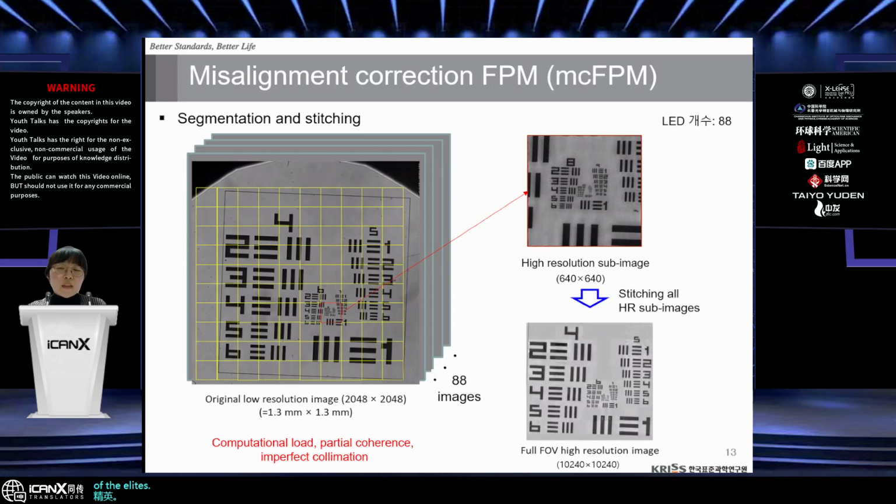For these reasons, we perform image segmentation based on considerations such as the LED spectral bandwidth, the size of the LED chip, and the distance from the LED to the sample. Additionally, segmentation helps prevent errors in image recovery, even when the LED's illumination is not perfectly collimated. Therefore, we typically divide the sample into n by n sub-images, recover each sub-image into a high-resolution image, and then stitch them together in the spatial domain to obtain the final image.